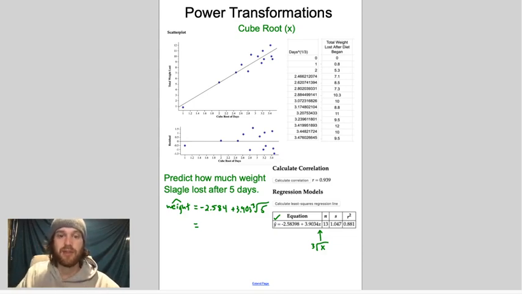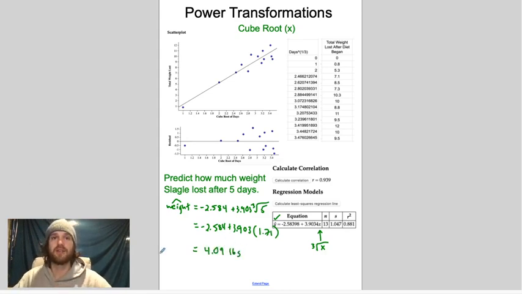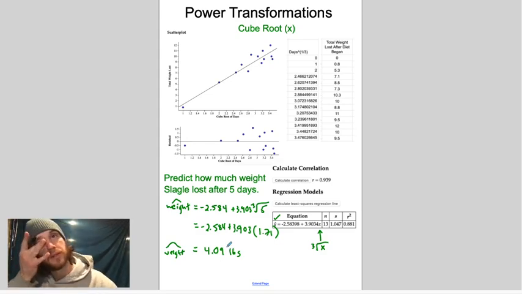We have to do this math. The cube root of 5 is about 1.71. So negative 2.584 plus 3.903 times 1.71, and when we move down the line, we end up getting roughly 4.09 pounds. So this model predicts that my total weight loss is 4.09 pounds after 5 days.